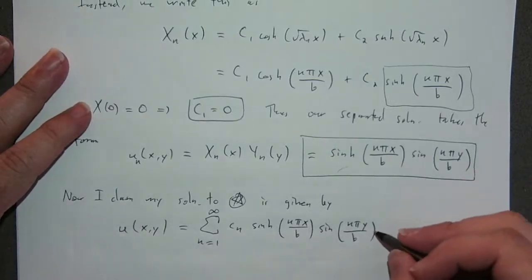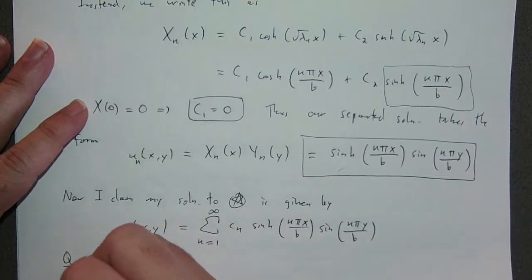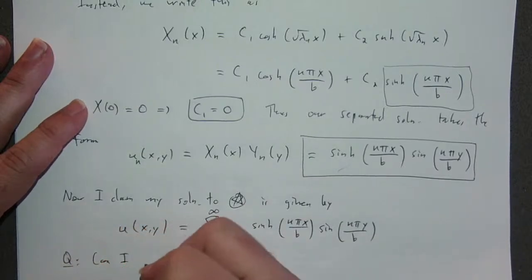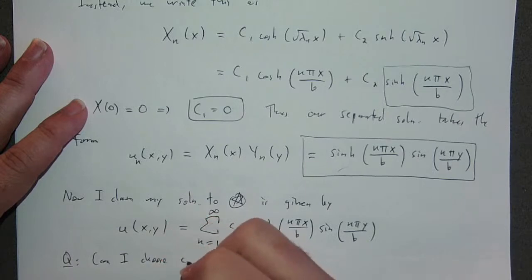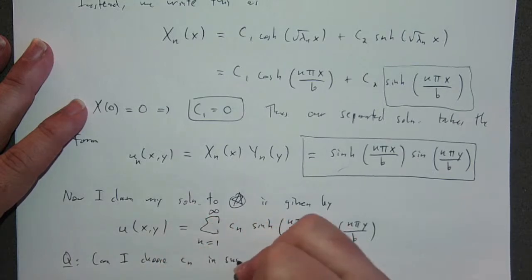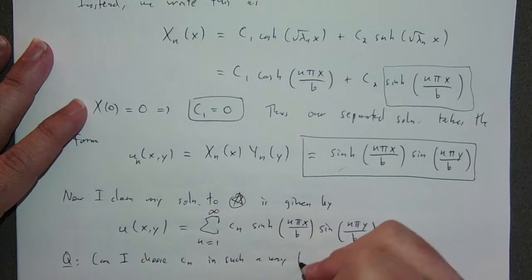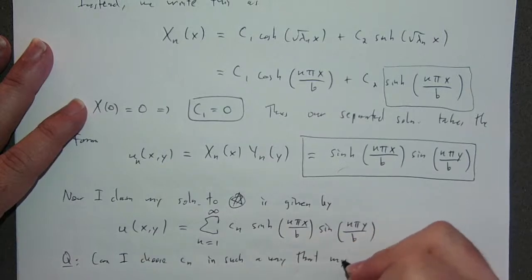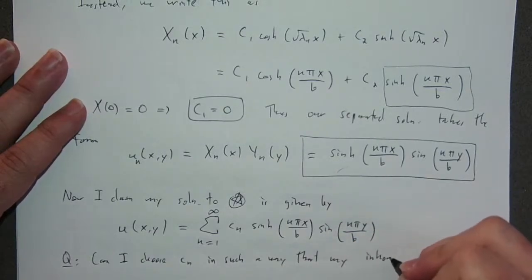So the question is, can I choose c sub n in such a way that my inhomogeneous boundary condition is satisfied?